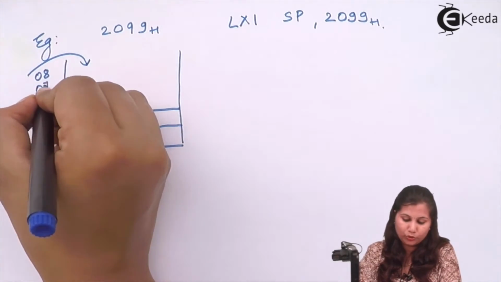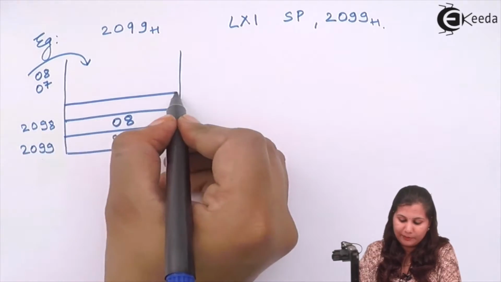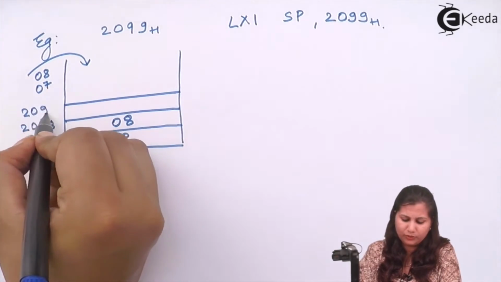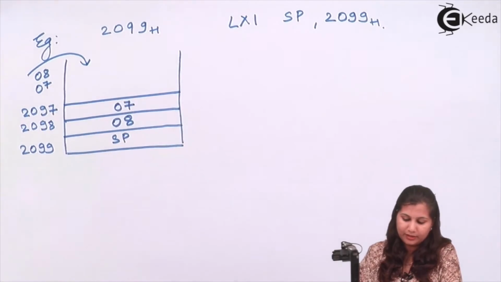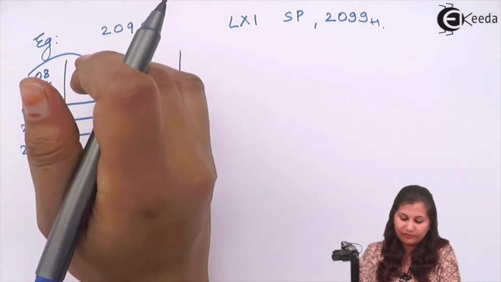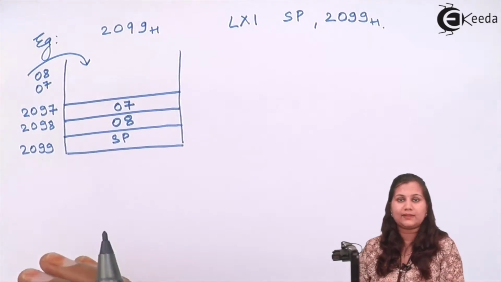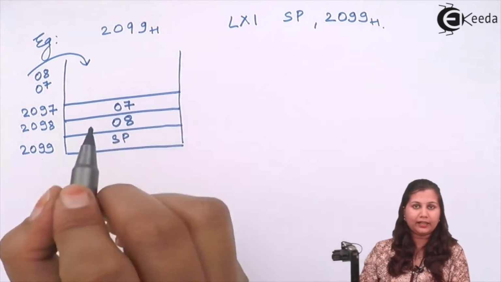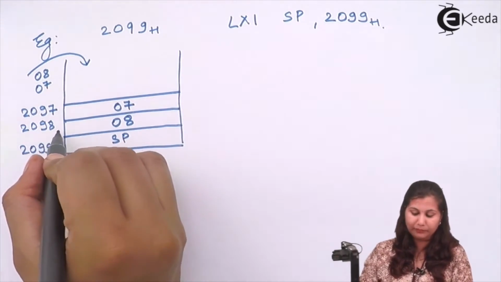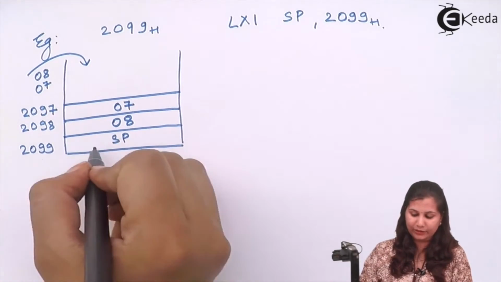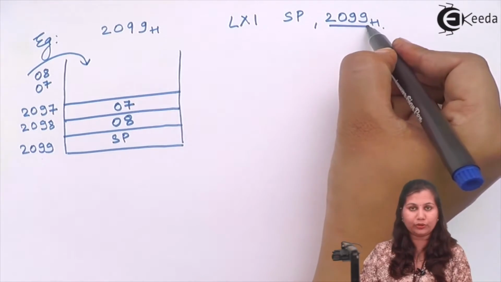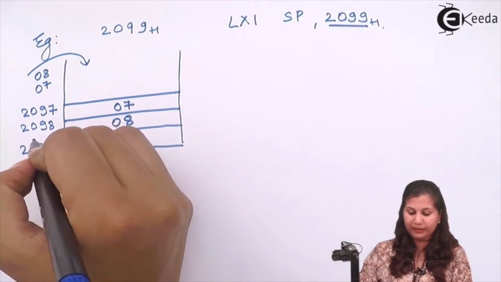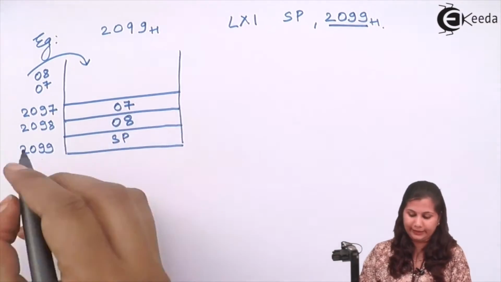Again, if we want to store 07, it will be stored at 2097, one less than that. In this way, storage of data begins at one memory address less than the address in the stack pointer. In the stack pointer we have 2099, so storage will begin at 2098.